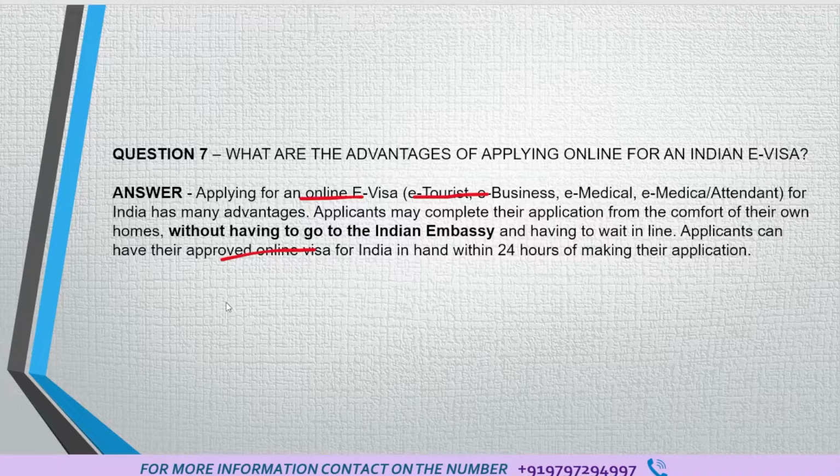But with the online application, you just have to sit relaxed at your home, at any place where there is a good internet connection, and you can apply. If you do not have a document, you can just save that application form then and there, and continue afterwards when you have that document with you, and then finish the application. Let us take the next question.